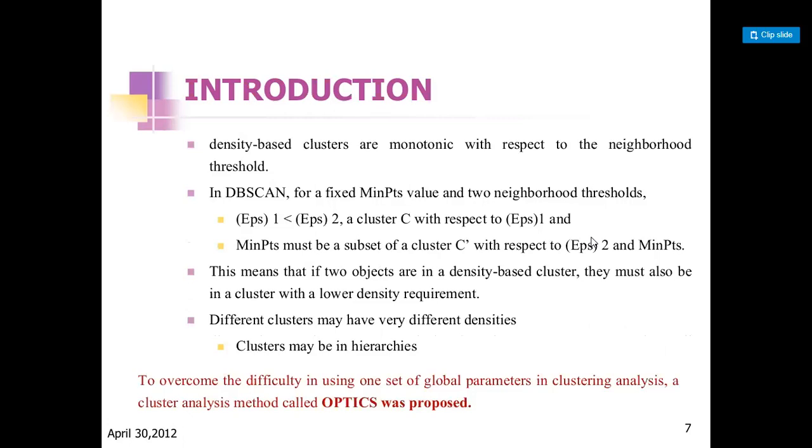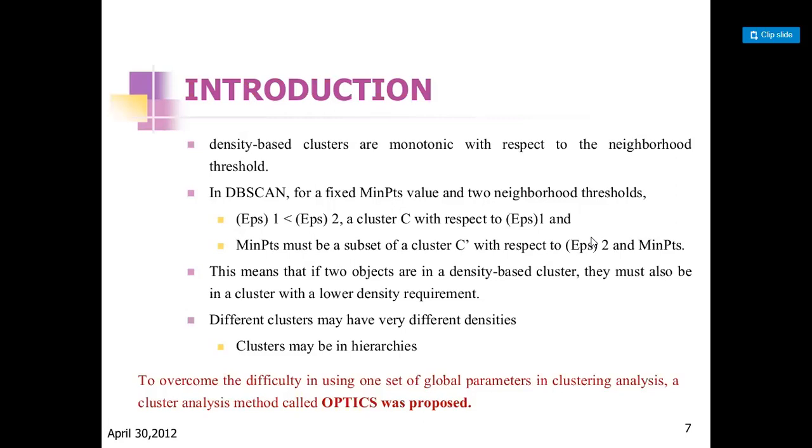In the DBSCAN algorithm, for a fixed min points value and two neighborhood thresholds, epsilon 1 less than epsilon 2, a cluster C with respect to epsilon 1 and min points must be a subset of a cluster C with respect to epsilon 2 and min points. Suppose we draw two circles, one with radius epsilon 1 and one with radius epsilon 2, where epsilon 1 is the smaller radius.